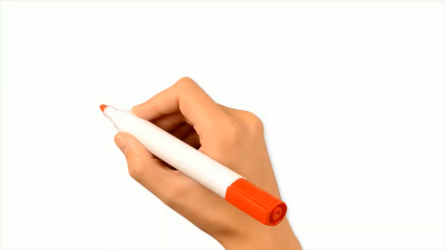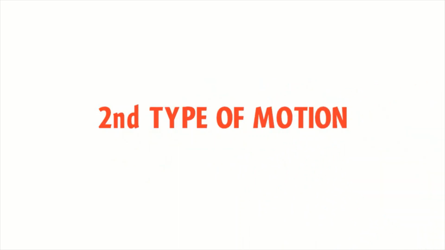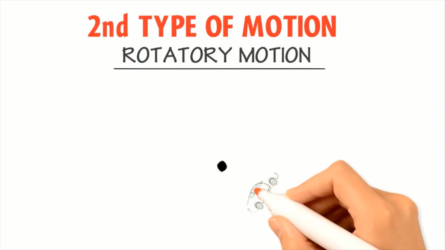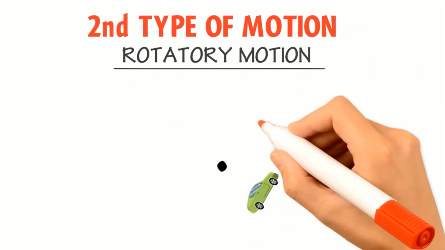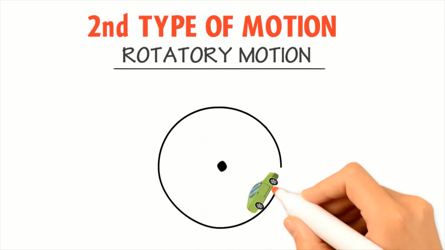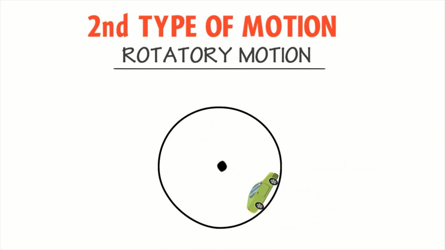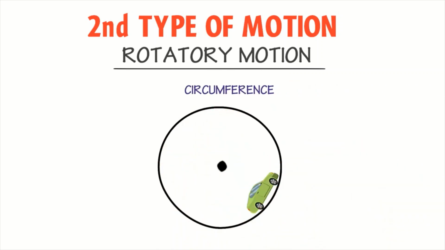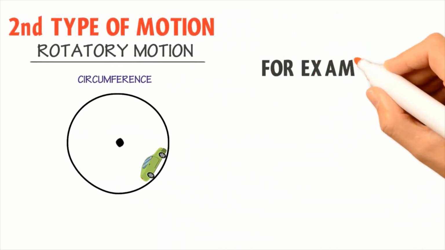Now let me teach you the second type of motion, which is rotatory motion. When each and every point or particle of the body moves around a fixed point or fixed axis, it is called rotatory motion. Simply remember that when a body moves on the boundary or circumference of a circle, it performs rotatory motion.